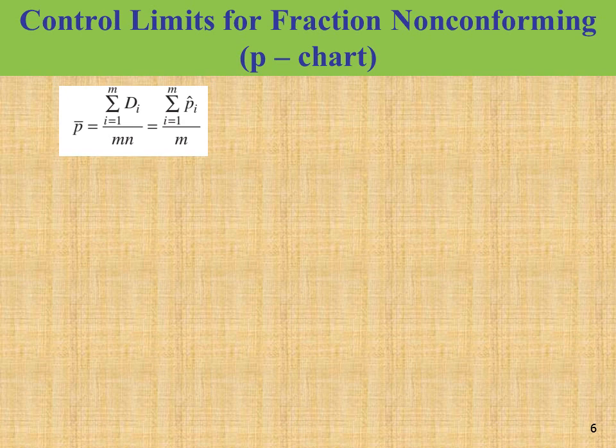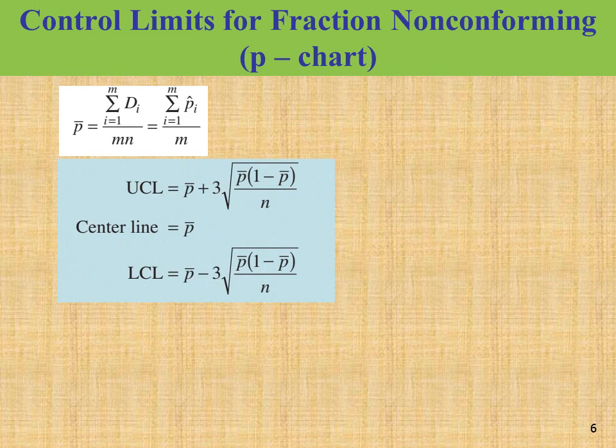After calculating the average value of fraction non-conforming, we can apply these formulas for calculating the control limits, and we can see the center line is given by p bar and upper and lower control limits are given by p bar plus minus 3 multiplied by the square root of p bar into (1 minus p bar) divided by n, where small n is the sample size.